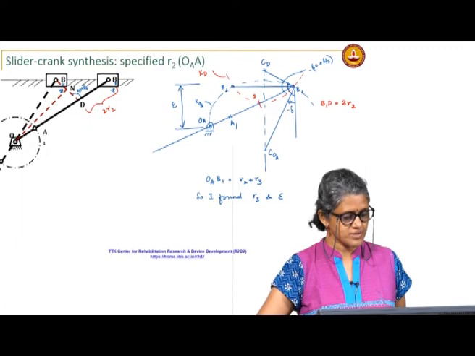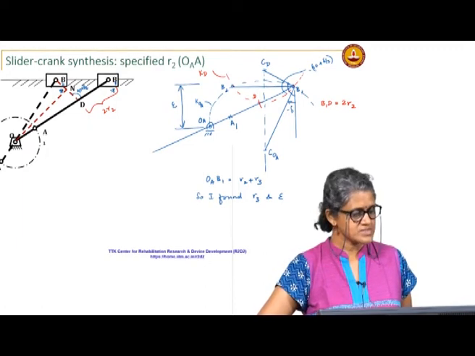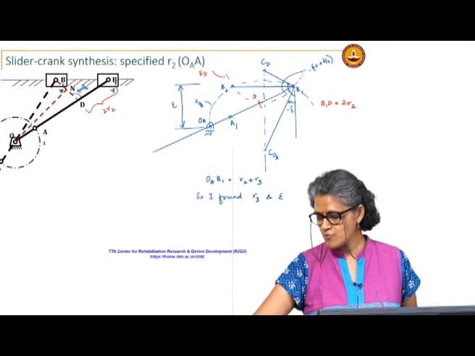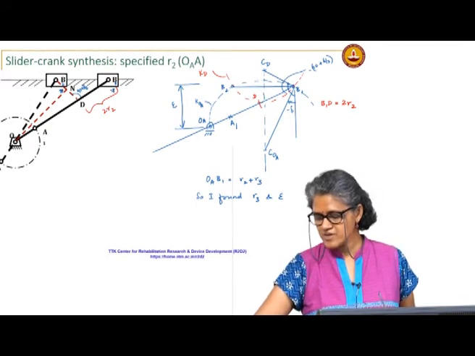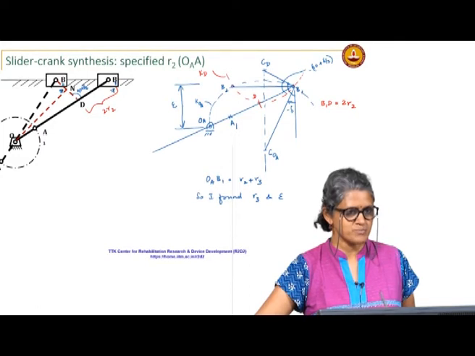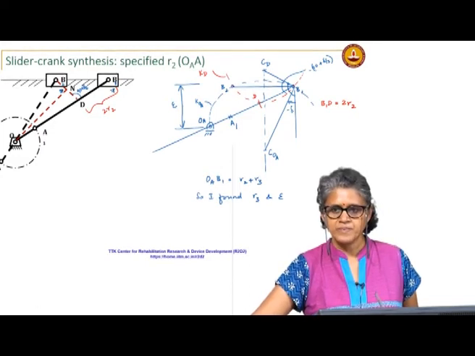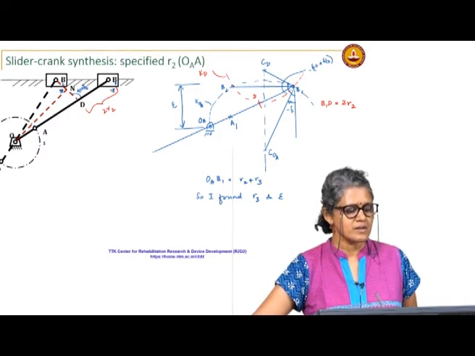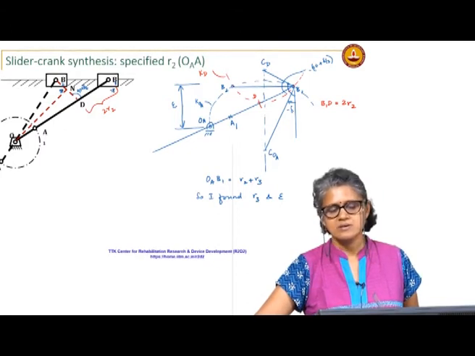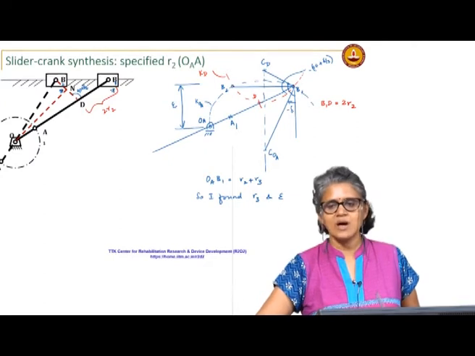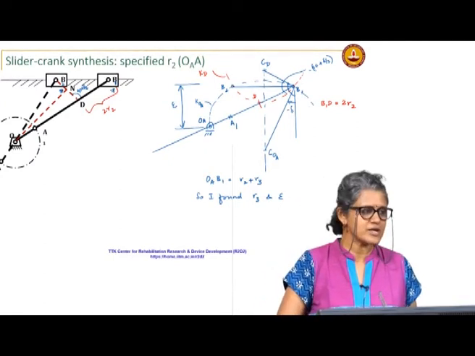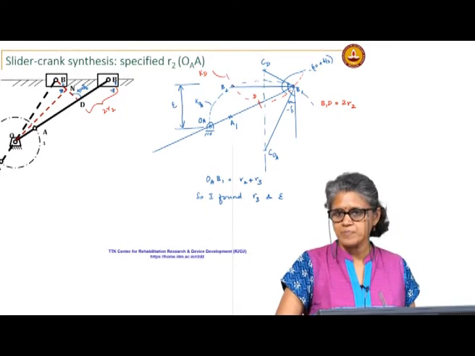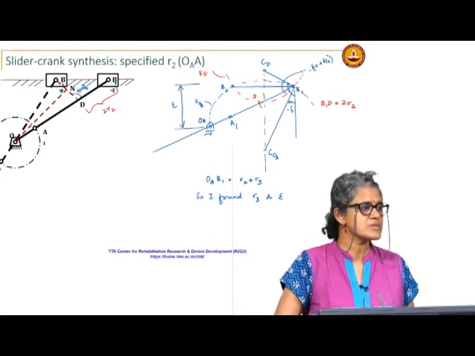So, this kind of wraps up the slider crank synthesis for a given stroke length. If you know the two extreme positions, the dead center positions for the slider crank, then you can synthesize the slider crank for a given time ratio, and for the other things you have an infinity of choices, but if you specify one more thing, then your solution becomes unique.